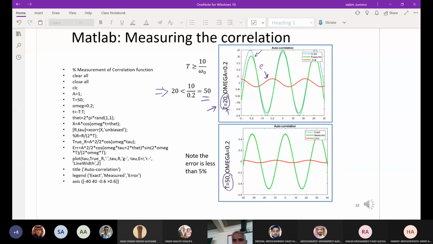And this is the error. Let's see the difference between them. Whereas when we allow enough time, as we calculated, T equal 50, we have it almost exact. The error is very small. So when we did the calculation it gave us 50, but in the first experiment we did 20, which is not enough, so there was a big difference. Here it came out excellent.